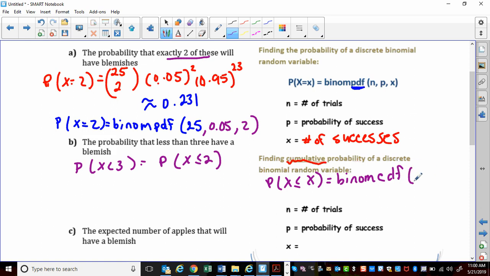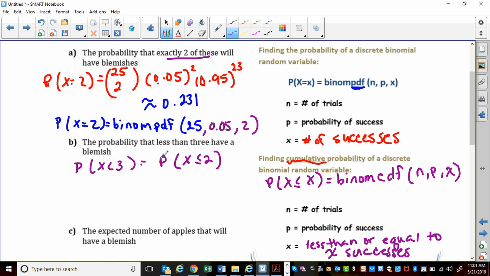And this is still going to be n for the number of trials, p for the probability of success, and x. But x is going to be different. It's going to be less than or equal to x successes.